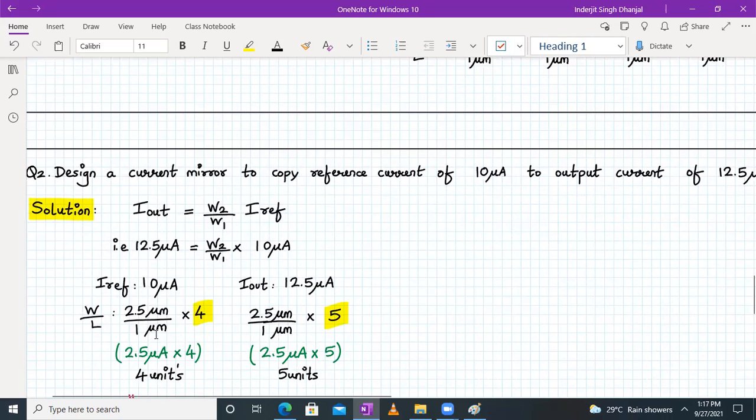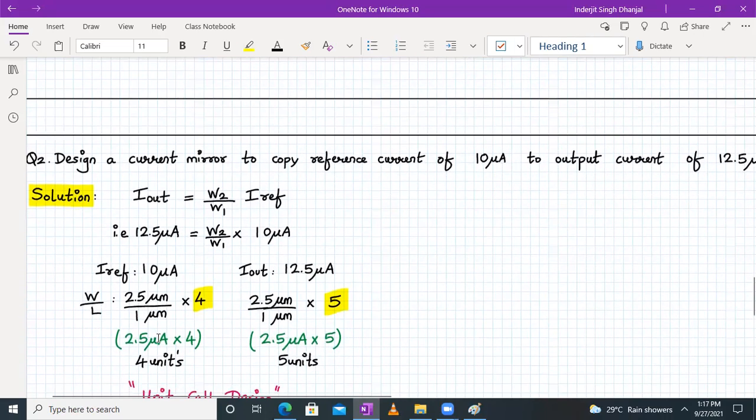And we can create multiple copies of this also, right? This is from the reference circuit side. So here what we do is, we take 4 copies of this. So we have 4 units of this transistor, each having 2.5 micrometer divided by 1 micrometer, right? And on the I out side, how many will we make?